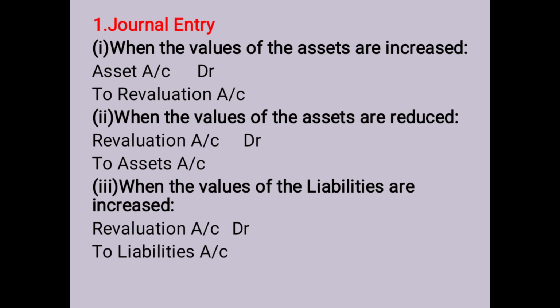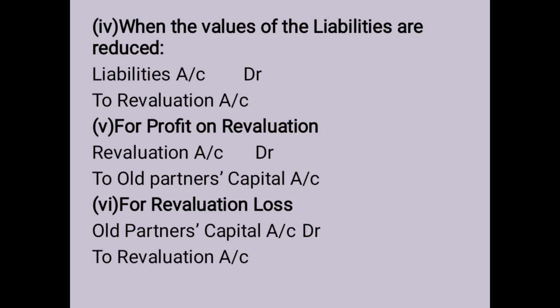When the value of liabilities is increased, revaluation account is debited to liabilities account. And the fourth journal entry: when the value of liabilities is reduced, liabilities account is debited to revaluation account.